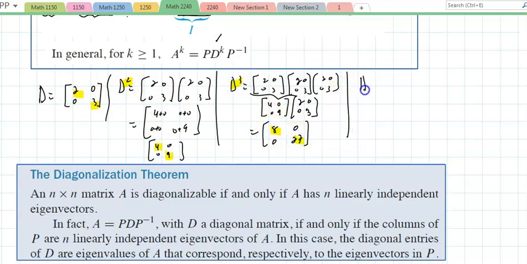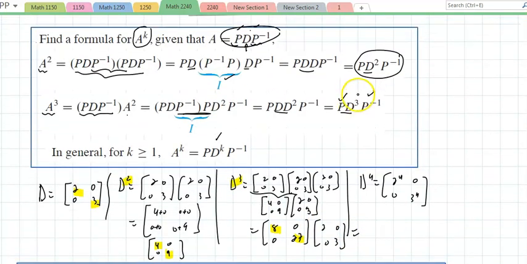And if I wanted to find D to the 4th, I simply say that's 2 to the 4th, 0, 0, 3 to the 4th. If you're not sure, multiply this by [2, 0; 0, 3], and you'll figure that out. So a diagonal matrix raised to a power is actually only the diagonal entries raised to that power.